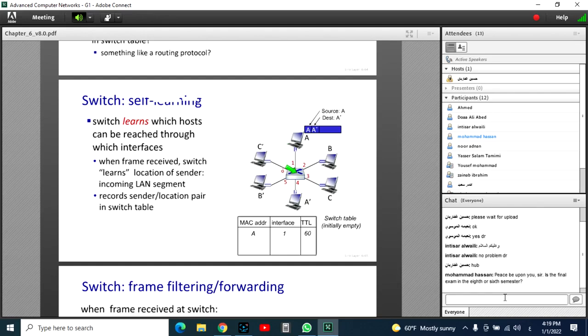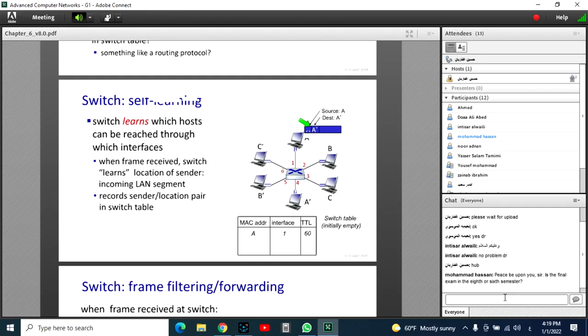System A has a MAC address A. A MAC address is a 48-bit address, while an IP version 4 address is a 32-bit address. It's the address of your physical network card.